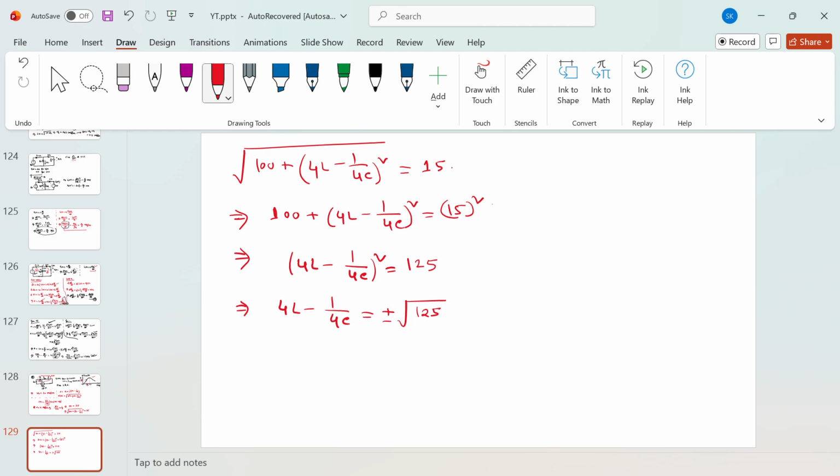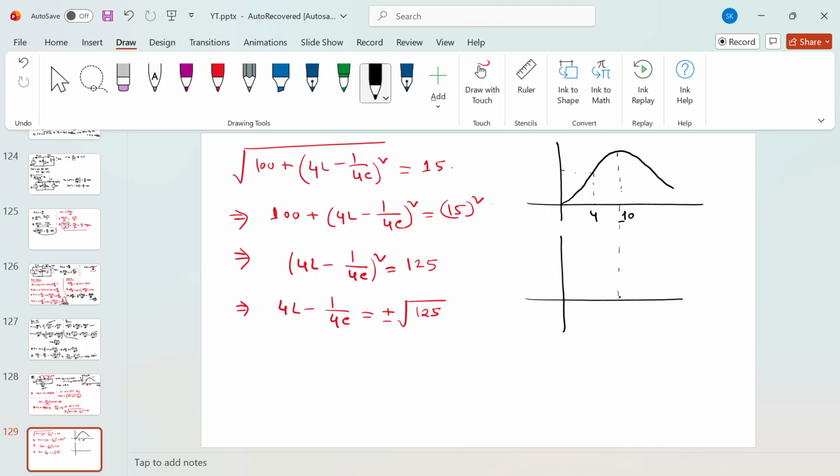Let me check the calculation again. Okay, that is pretty clear. The current waveform is given like this, and this is 10 radian per second, and somewhere here I have 4 radian per second. Now, for a series RLC circuit, if you see the reactance diagram, at resonance frequency your reactance will be 0, and this is how your reactance varies.